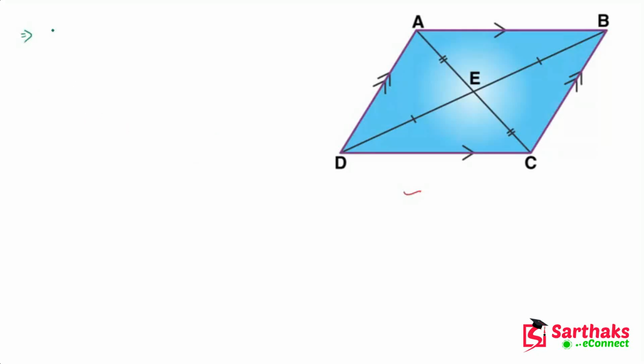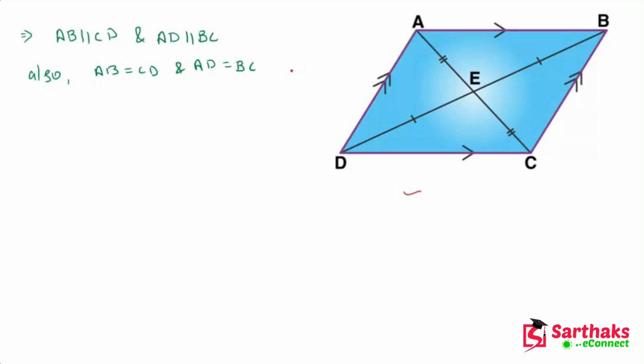So AB is parallel to CD and AD is parallel to BC, and also AB is equal to CD and AD is equal to BC. I hope you understand this.